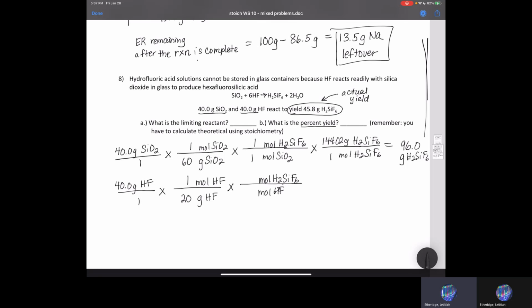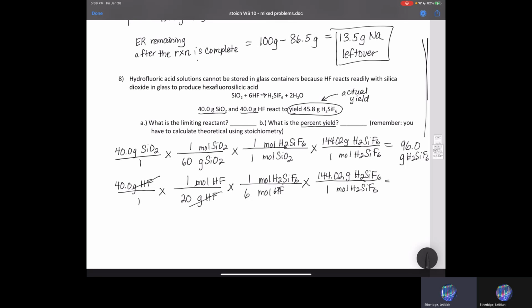Okay, take a look at our relationship. Here we go. We are in a 1-to-6 based on the coefficients. And now I need mole of H2SiF6 on the bottom. And that puts grams of H2SiF6 on the top. 1 mole is going to have a molar mass of the same number up top, 144.02. And then we are going to do the math.